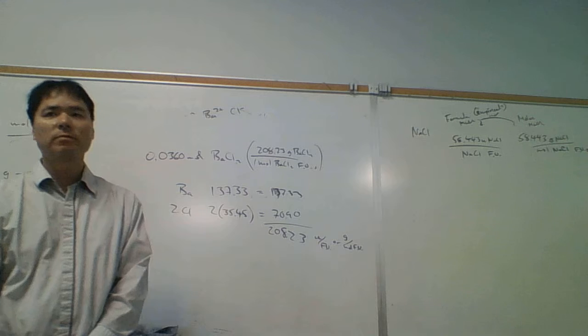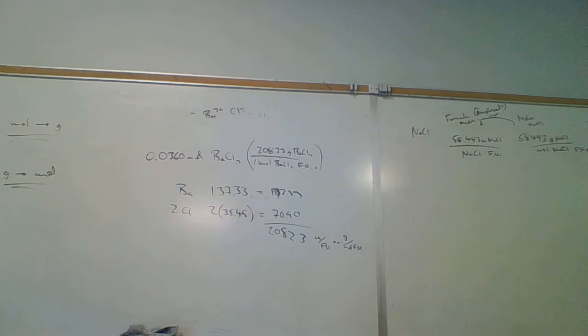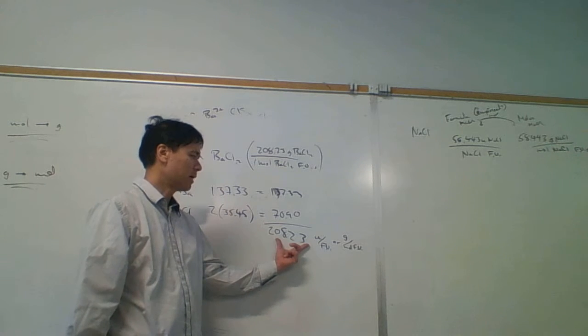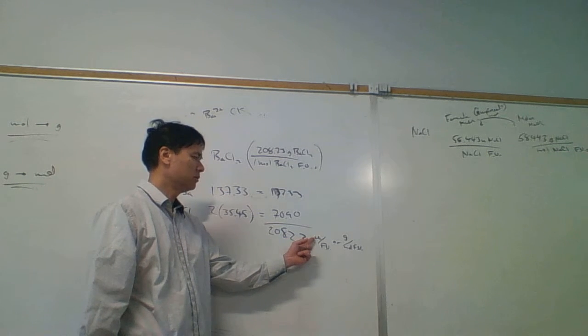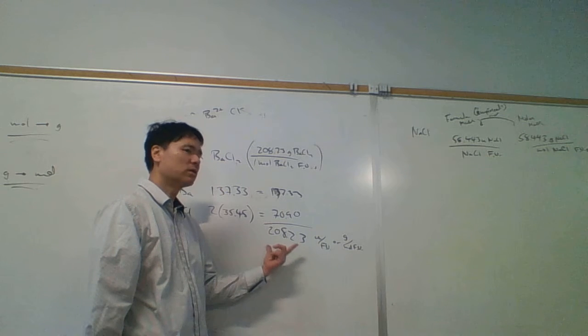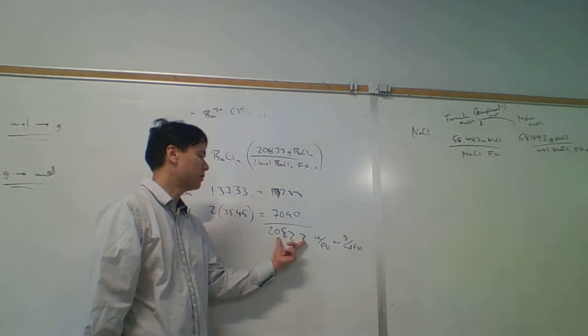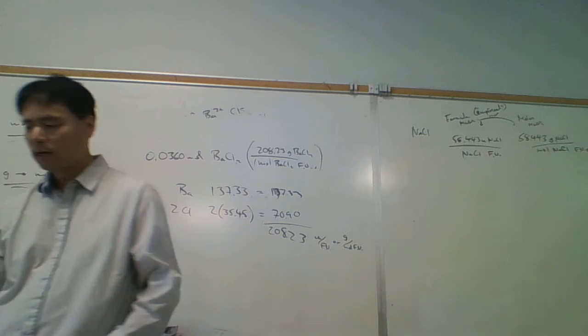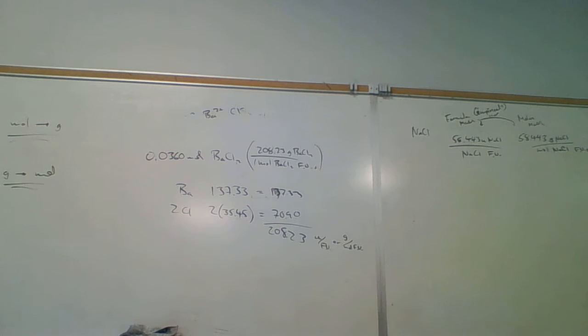Does barium chloride form molecules or not? Barium chloride is an ionic compound. It doesn't form molecules. So we'd say that this is the formula mass. It's 208.23 U per formula unit. Or this would be the molar mass, 208.23 grams per mole of formula units. That molar mass could also be called a formula mass.